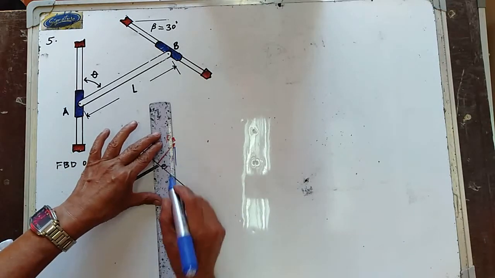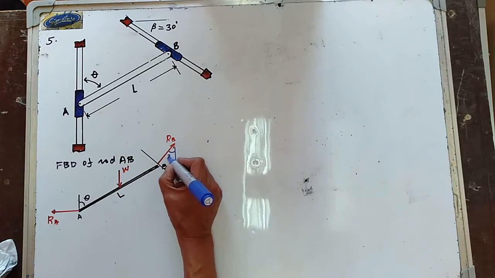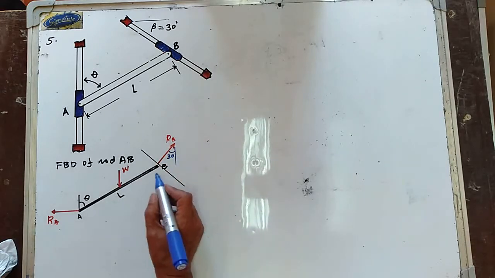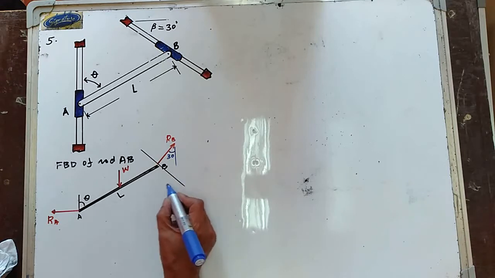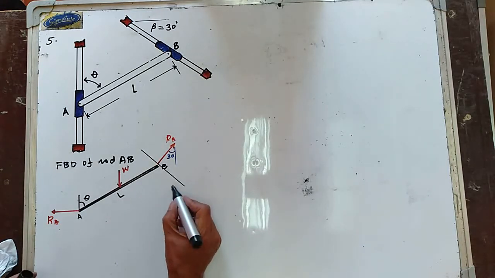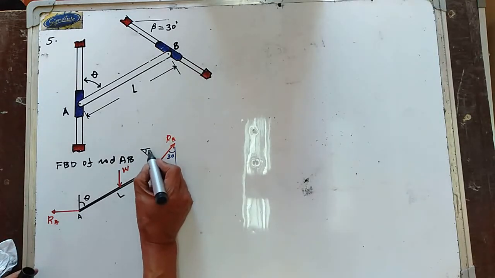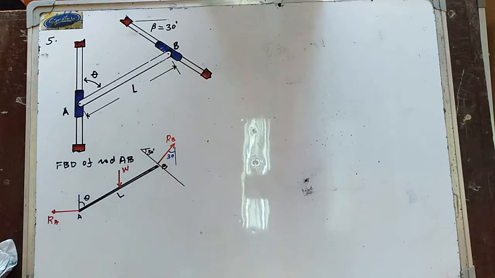So this is the smooth rod, and this one in here is 30 degrees.